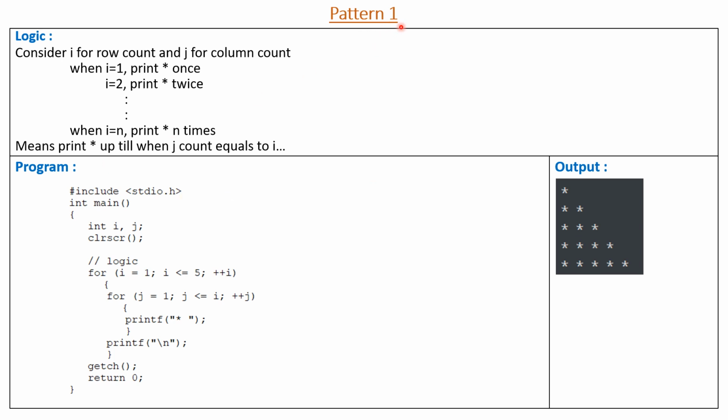See, this is pattern 1, meaning by writing this type of program we will get this output. The logic behind this is we need two counters. One is for row counter and the second is for column counter. For the row counter I have used the i variable, and for the column counter I have used the j variable. When i equals 1 we have to print star once.